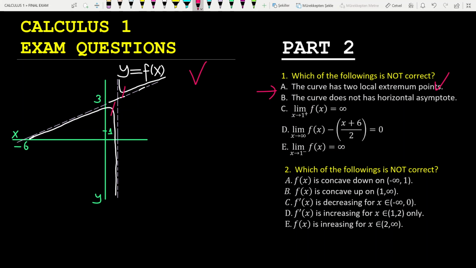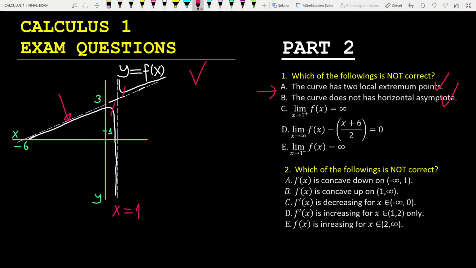B. The curve does not have a horizontal asymptote. The curve has an oblique asymptote. Here, this is the oblique asymptote. The curve has a vertical asymptote, which is x equals 1. Okay. But the curve does not have a horizontal asymptote. This is correct.